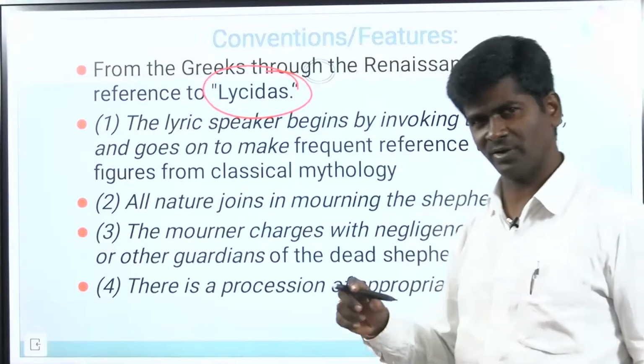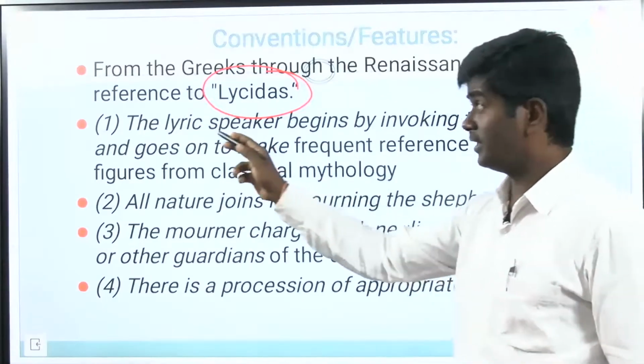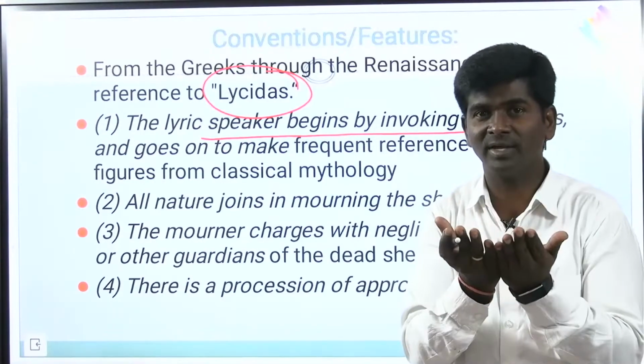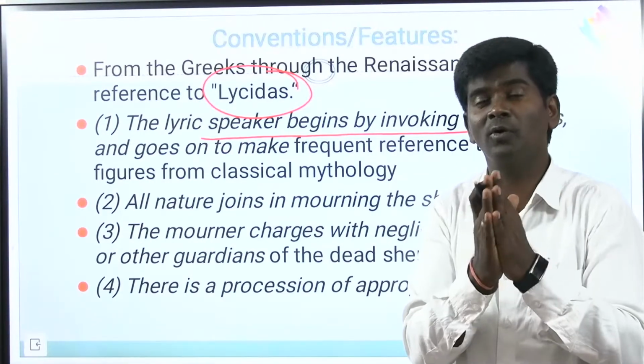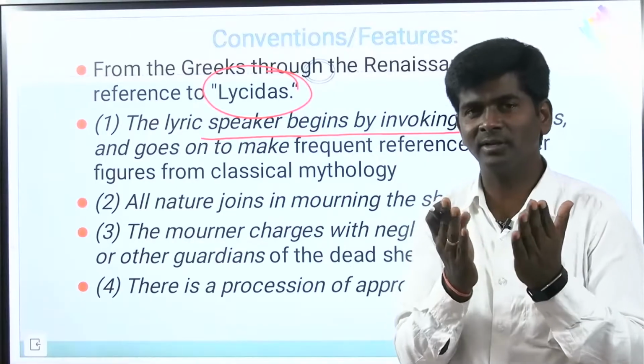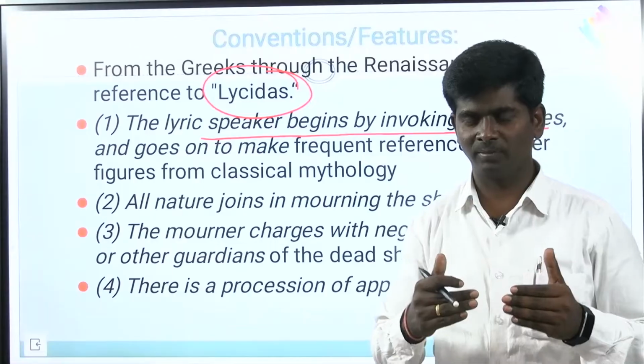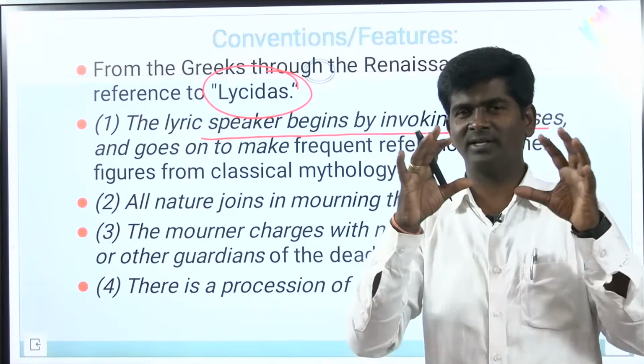According to 17th century English literature, the lyric speaker begins by invoking the muses. The poem begins with an invocation, which is a prayer to the God Almighty. Before a movie begins, you will find some kind of prayer.